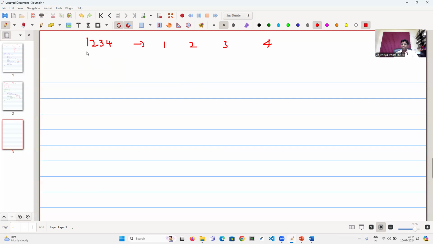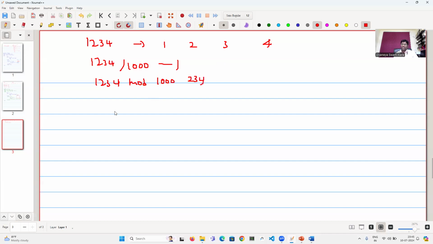How do you get the leftmost digit from 1, 2, 3, 4? How many digits are there? 4. So we need to do a quotient, 1 2 3 4 divided by 1000, which will give me 1. And 1 2 3 4 mod 1000 will give me 234.